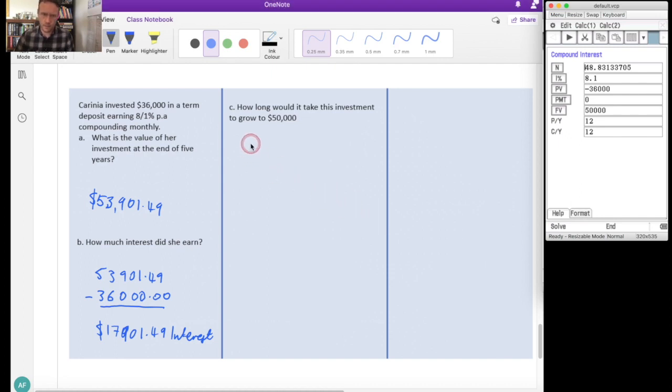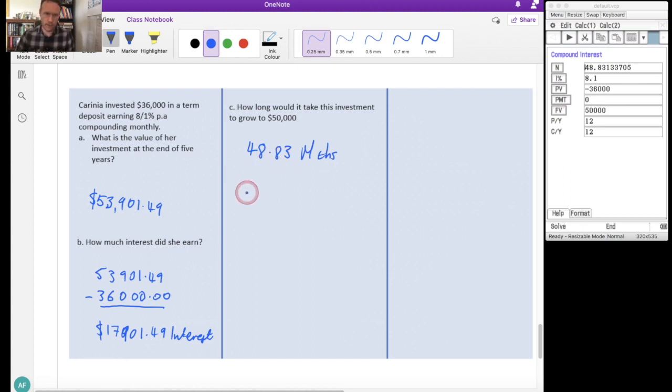And it's going to take 48.83 months. Okay. What we need to think about though here is that we need to round this number to the closest month. Usually I'll ask you for the answer in months.